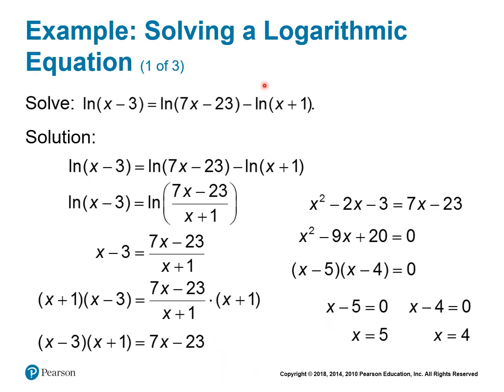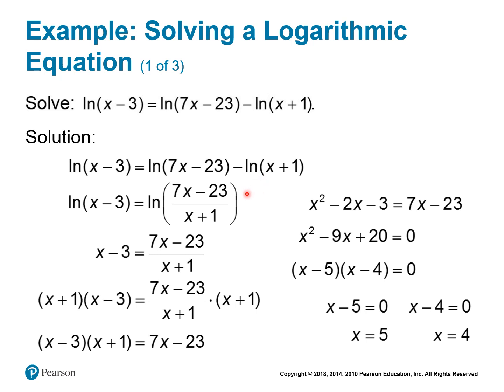Let's go through the steps now of solving a logarithmic equation using the one-to-one property. The equation given to us is ln of x minus 3 equals ln of 7x minus 23 minus ln of x plus 1. Now the first thing that we note is all the logarithms here are ln, so they all have the same base. So that means we can later on go ahead and apply the one-to-one property.